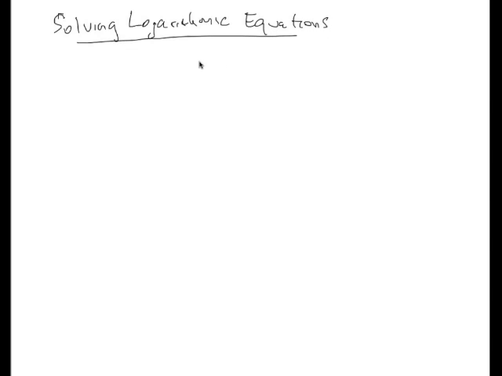All right, so that leads us then to looking at solving logarithmic equations. So let's look at that. Okay, so solving logarithmic equations. Now, to solve a logarithmic equation, basically what we have here is this. If I have two logs of the same base, so let's look at a rule here.